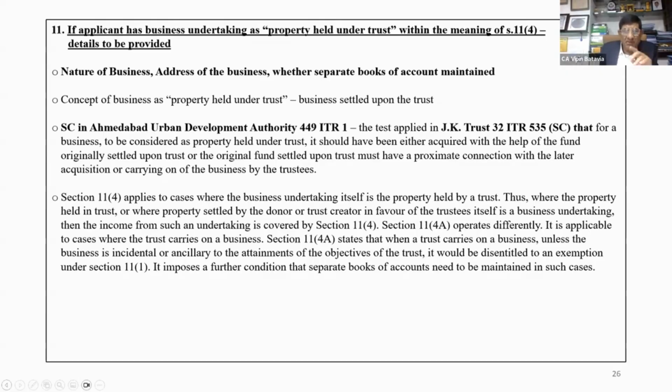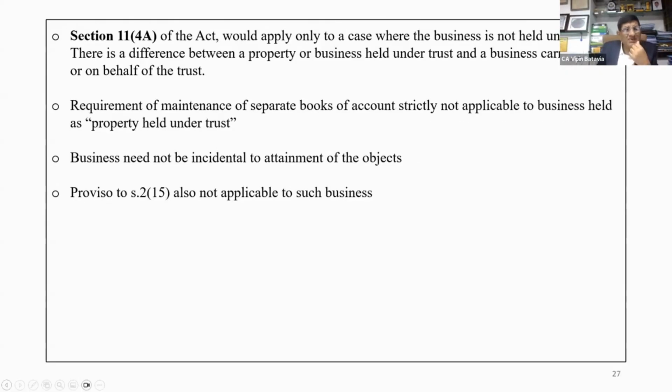And the second section is 11(4A), wherein a trust is entitled to do business if the nature of business is incidental to the objects of the trust, and separate books of accounts are maintained.